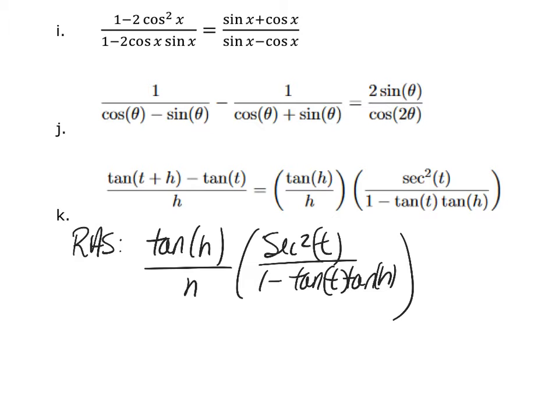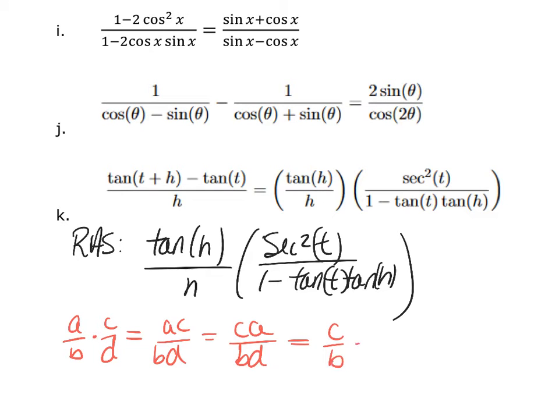I have this rule that says if I have a over b multiplied by c over d, I can write this as AC over BD, or I can write this as CA over BD. So I can write this as C over B, A divided by D. Okay? So I can rearrange things as I need.